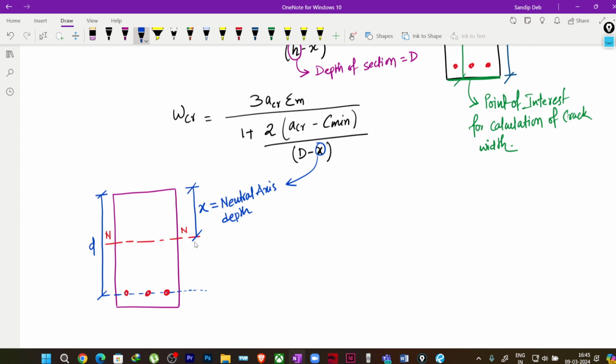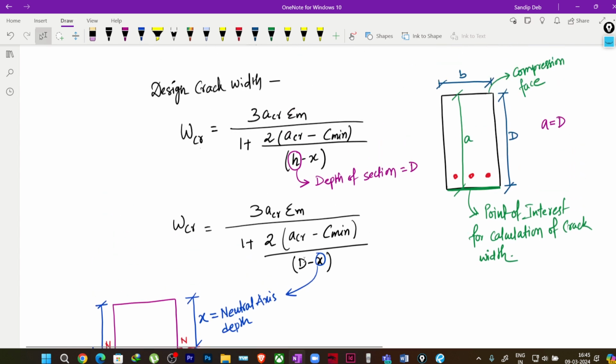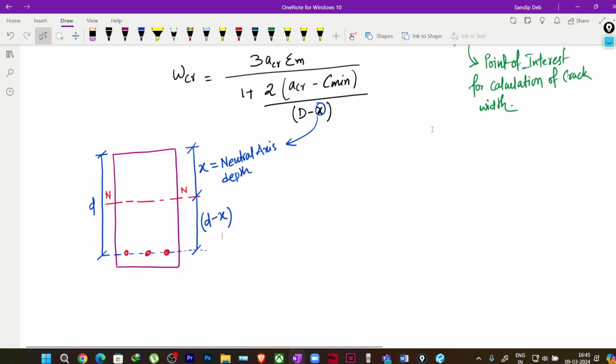So what is this dimension then? Obviously it is my d minus x, correct or not? This is d minus x. Fine. So one more dimension, if you see, we have defined that we will be taking from the compression face, the point of interest for calculation of crack width is a, correct?